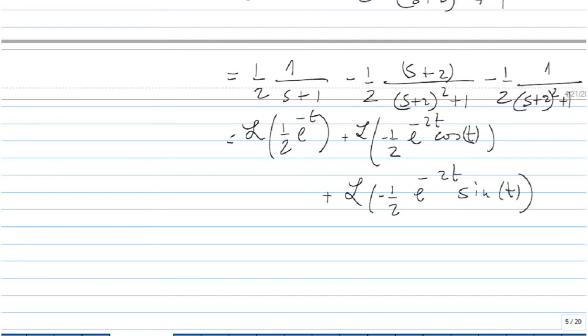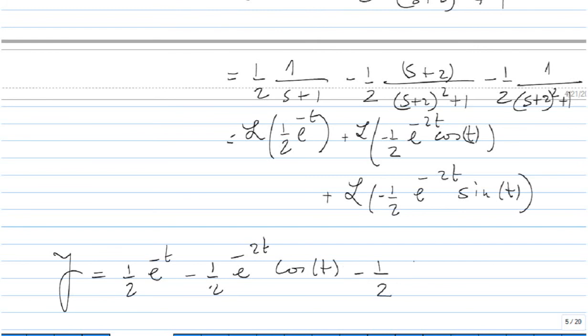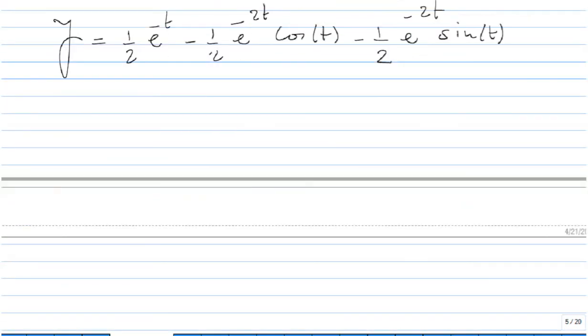So now I found my y, so it's going to be 1 half e to the minus t, minus 1 half e to the minus 2t cosine t, minus 1 half e to the minus 2t sine of t. Just a quick note here.